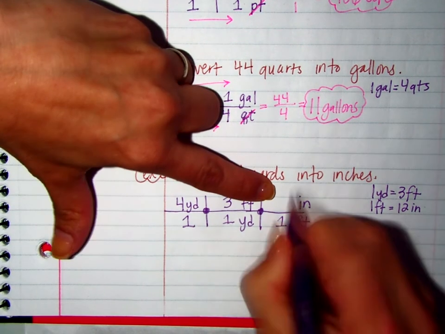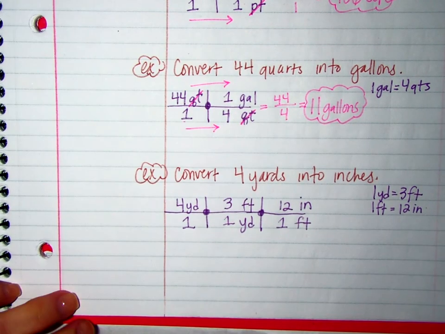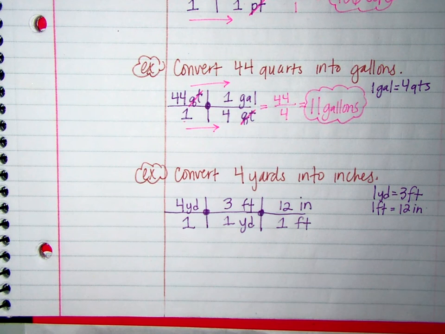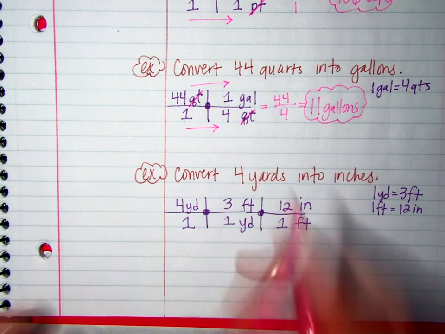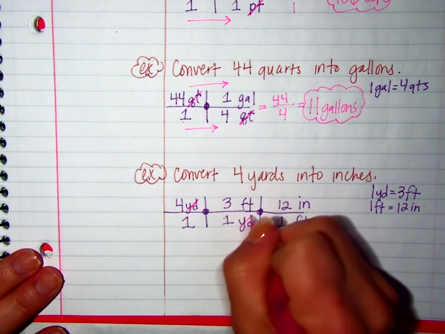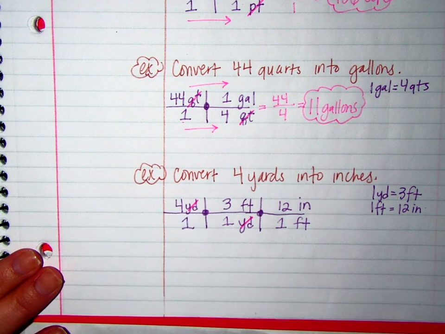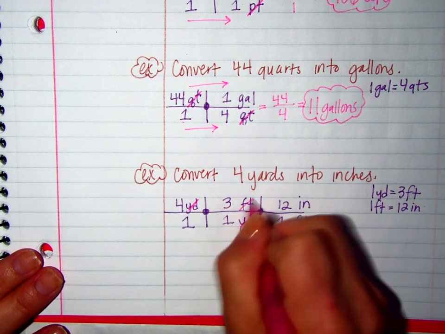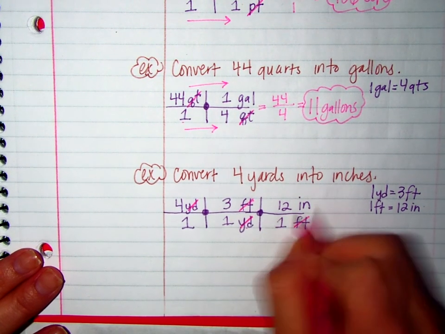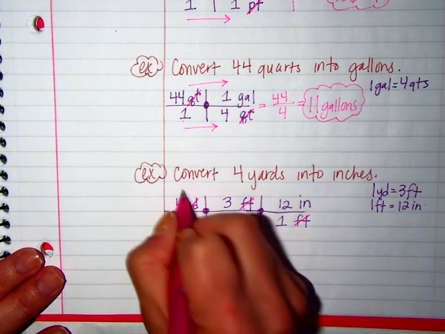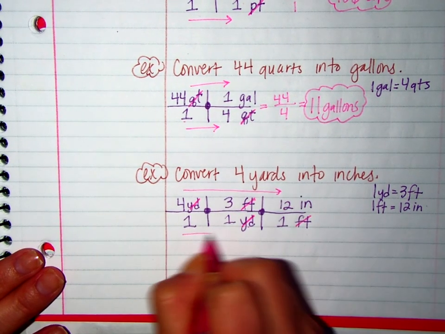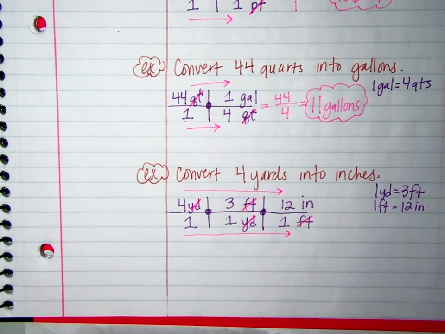Okay. So from here, one more time, you're going to have to eliminate the units we don't want anymore. When they're diagonal, we can eliminate them. So yards we don't want. Feet we don't want, and we do want those inches. So now all you have to do is multiply all of the numbers on the top together, get an answer.